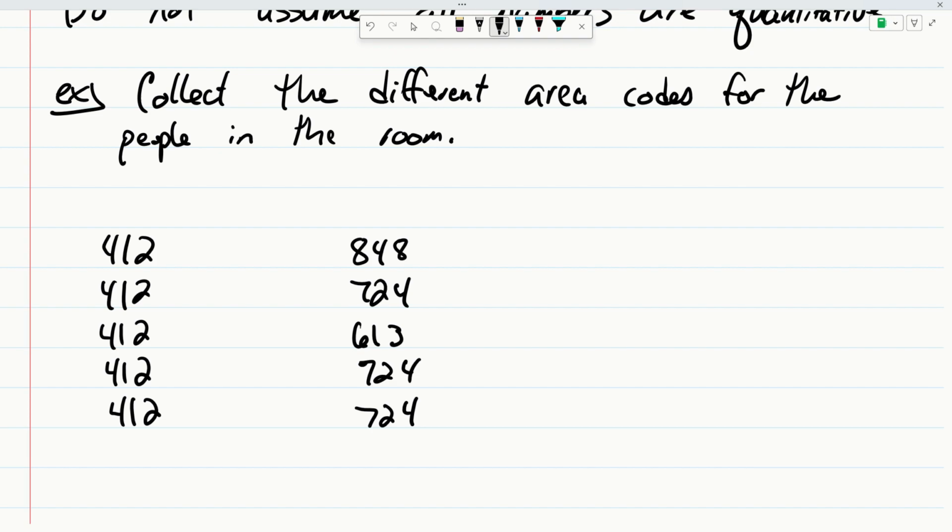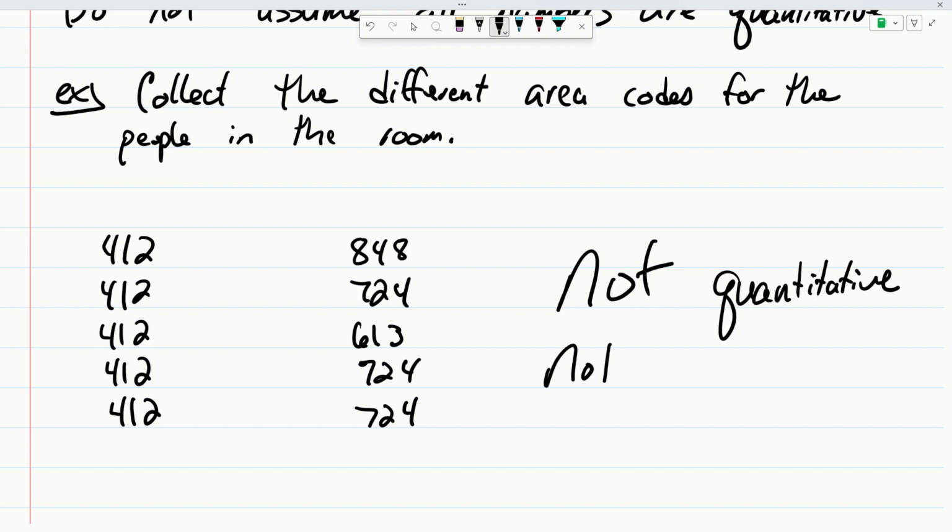Here are their area codes. They are all numbers. However, these numbers are not quantitative. All right? They are not measurements. These numbers represent locations. That's a category. All right? So these are categories.